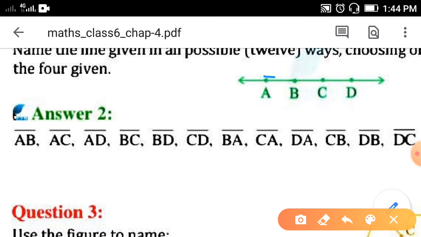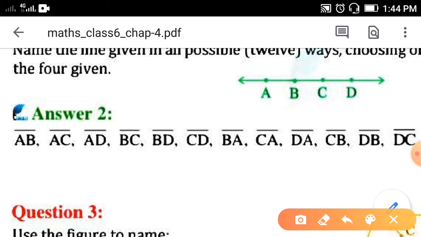First AB, then AC, then AD. Next BC, BD. Next you can write CD.